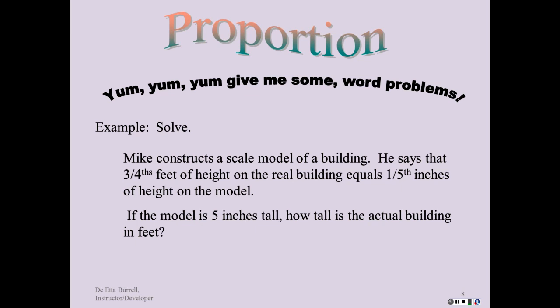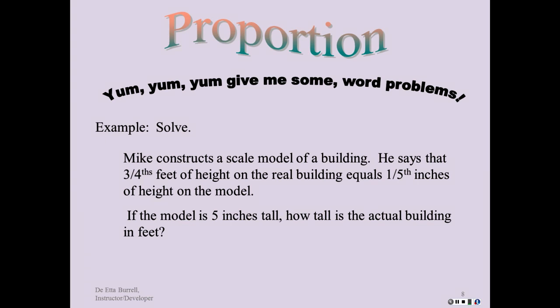This is a typical proportion problem. Mike constructs a scale of a building, an actual building. He says that 3/4 feet of the height on the real building equals 1/5 inches of height on the model.